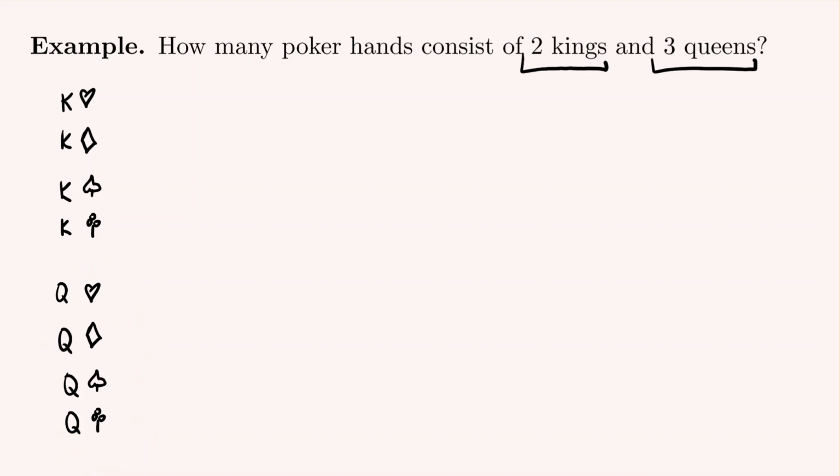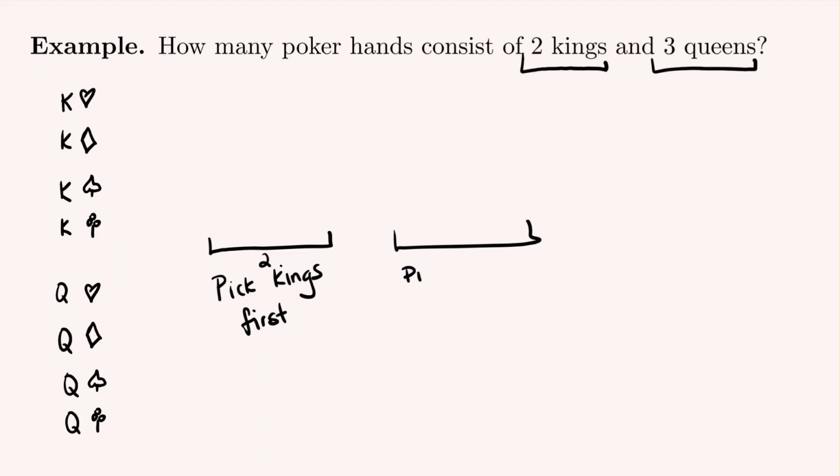So in order to construct our hands, we might pick our kings first, 2 kings first. That's the first part of the process, followed by the distinct, because picking kings is different than picking queens, pick 2 queens.